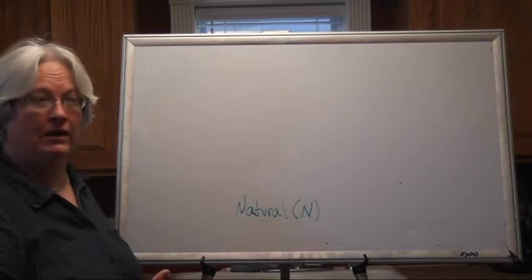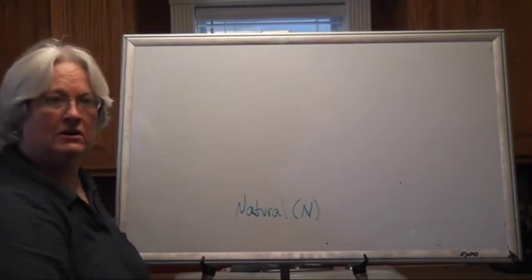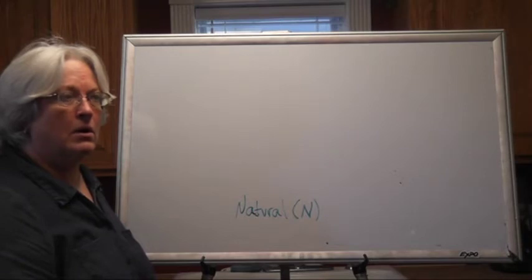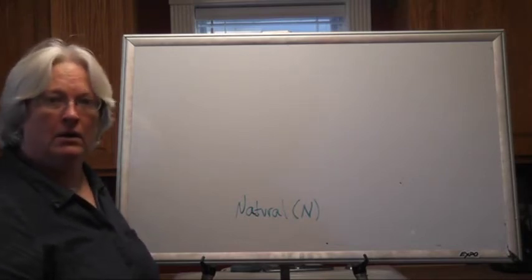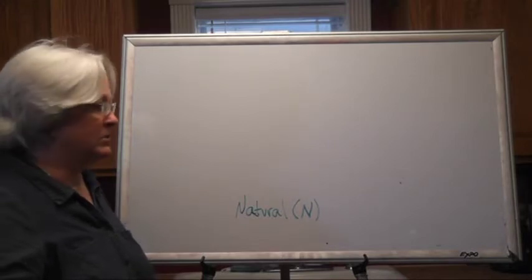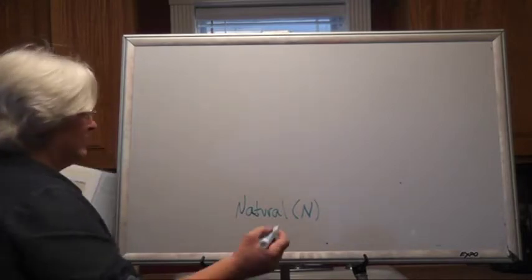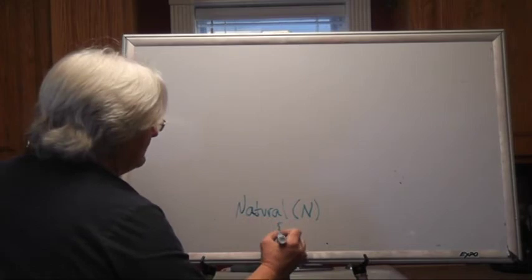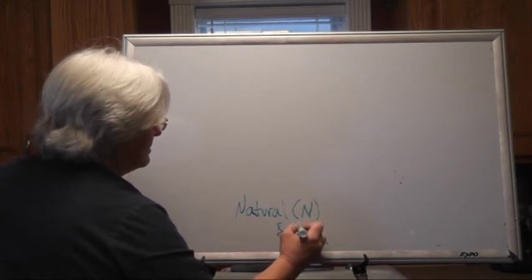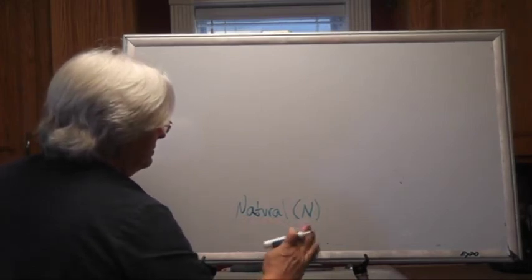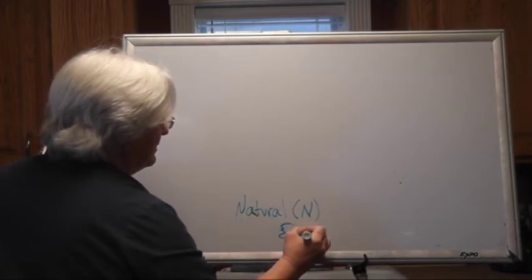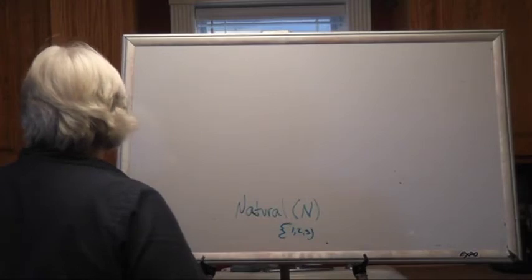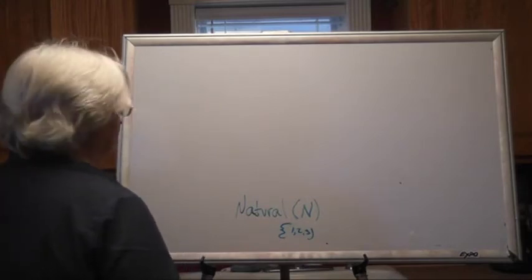When we were really little, we didn't start counting 0, 1/2, 3/4, 1. We started 1, 2, 3. So the natural numbers are the set of numbers where we start with 1, 2, and 3. They don't have 0. They don't have any negative numbers in them. That's what the natural numbers are.